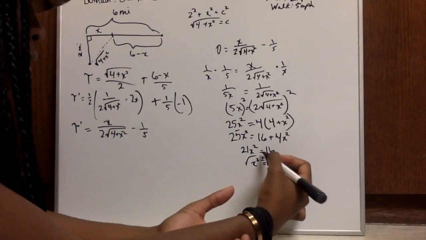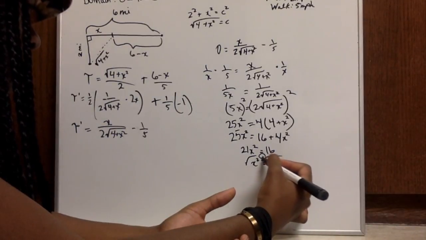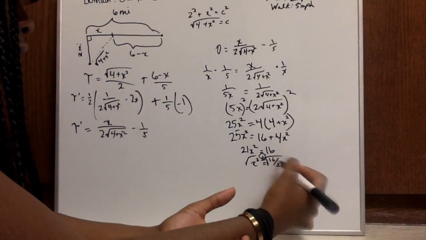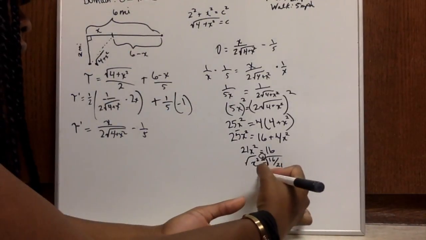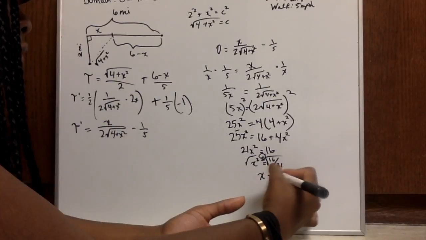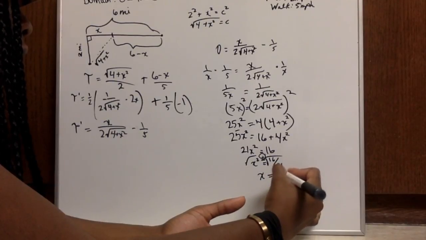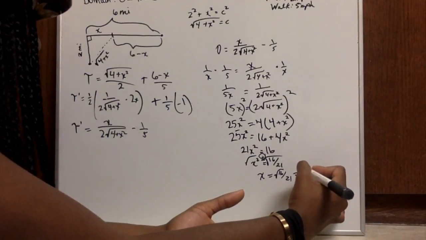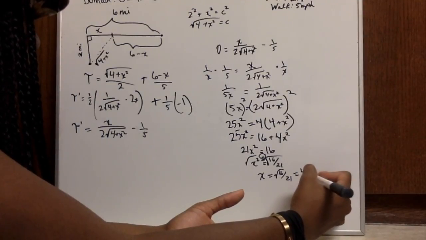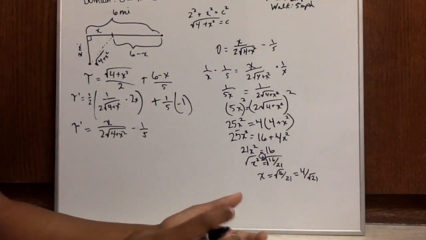Here we're going to take the plus square root, because if we took the negative square root, it would not be in our domain. So x is equal to the square root of 16 over 21, and we can write that as 4 over the square root of 21.